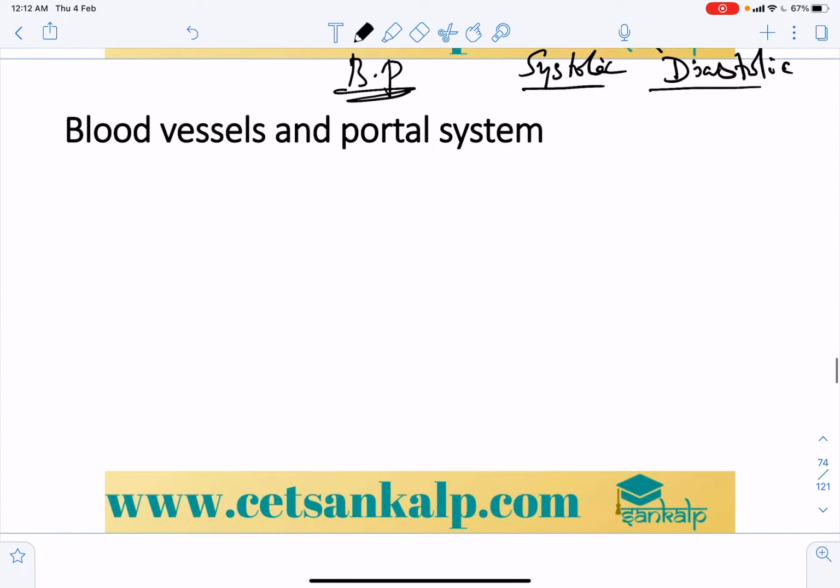Next, move on to blood vessels and the portal system. Here, the blood vessels mainly include arteries, veins and capillaries.